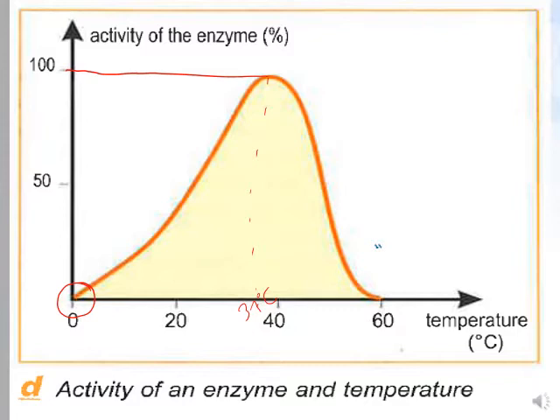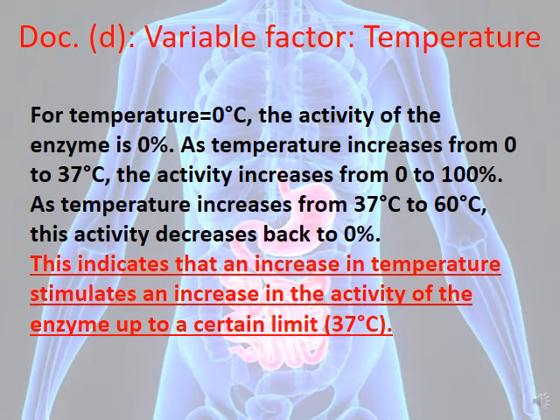And as the temperature increases from 37 to 60, the activity of the enzyme decreases back to 0. So here the variable factor is the temperature. For temperature equals 0, the activity is 0. As temperature increases from 0 to 37, the activity increases from 0 to 100, the maximum value. As temperature increases from 37 to 60, the activity decreases back to 0.